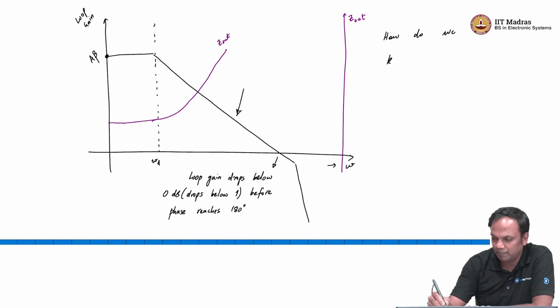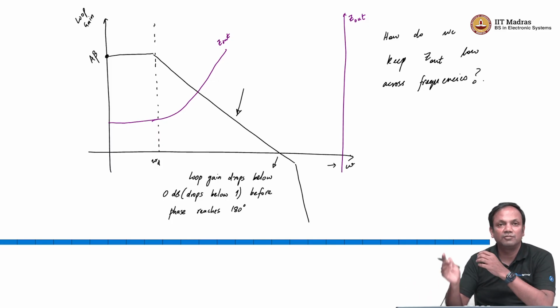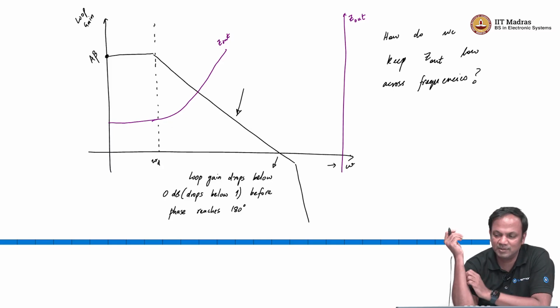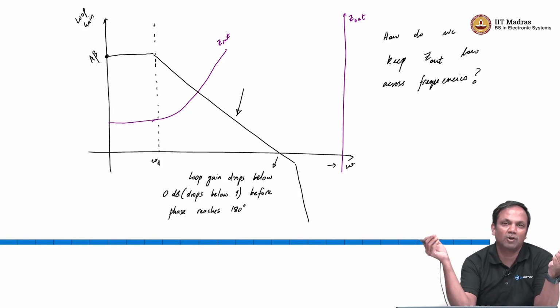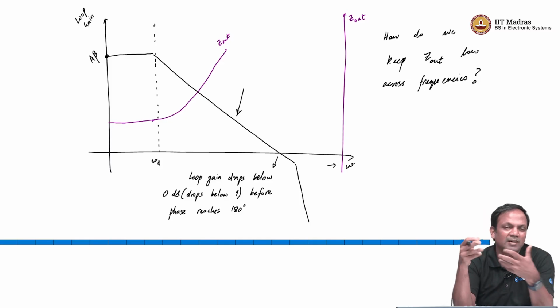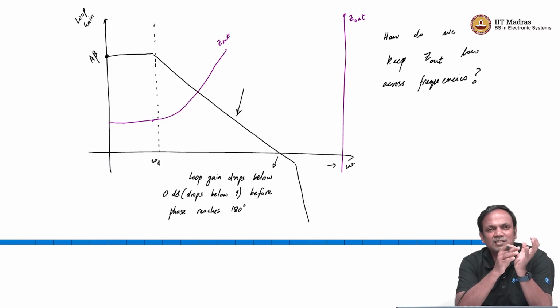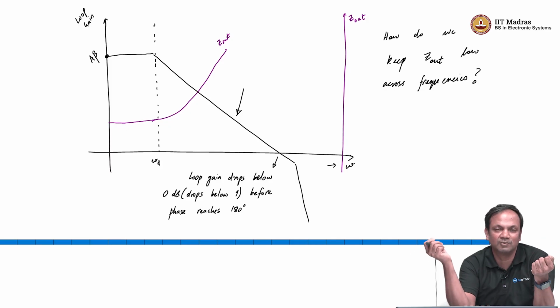So, the question now becomes, how do we keep Z out low across frequencies? Because if your Z out is not low across frequencies, at the frequency where your block might consume current, your block will have a certain current signature, which means it has components of current spread across different frequencies.